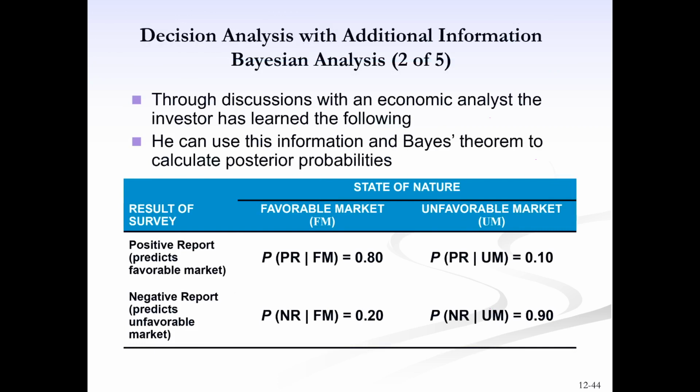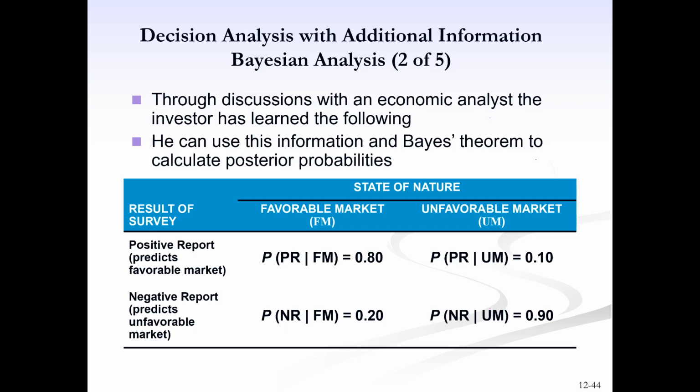Now, through discussion with an economic analyst, the investor has learned the following. He can use this information with Bayes theorem to calculate posterior probabilities, and we said that this is the statistics available to us through the economic analyst.